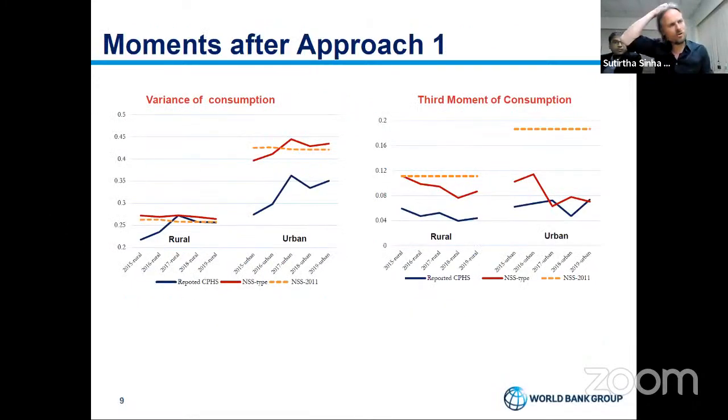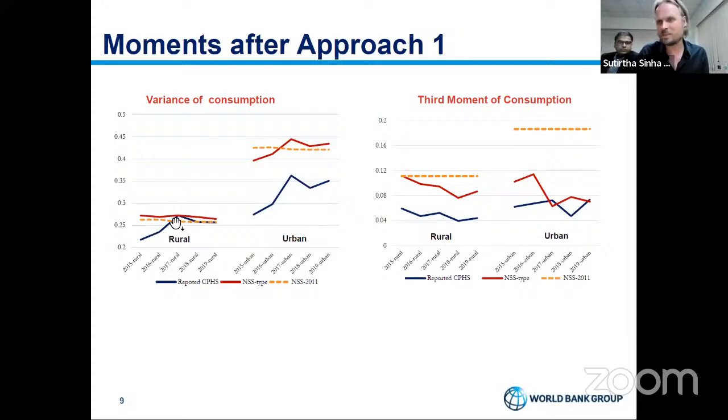So in this slide, we take stock of to what extent that helps us close these gaps in the second and third moment that we presented earlier. In this case, we divide India into urban India and rural India. Again, the dotted line represents the estimates obtained using the NSS 2011. The blue line is obtained using the CPHS consumption data, but all estimates reported here are obtained using the adjusted weights.